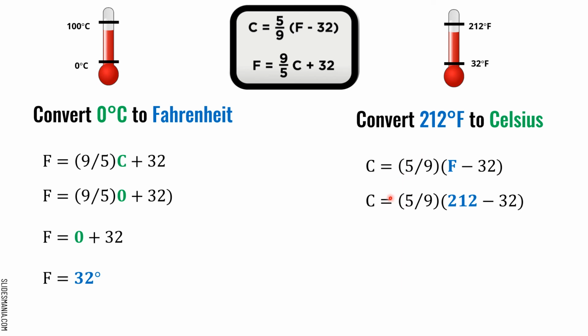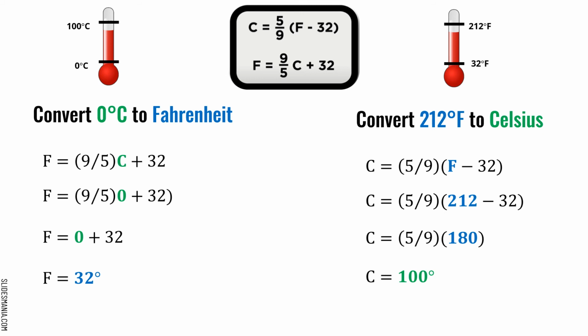Substituting your given, you will have 5 over 9 times the quantity of 212 minus 32. 212 minus 32 will be 180. Just multiply 180 by 5 over 9. It will be 100 degrees Celsius. We have checked that this formula is correct. We may use this equation in converting Celsius to Fahrenheit and vice versa.